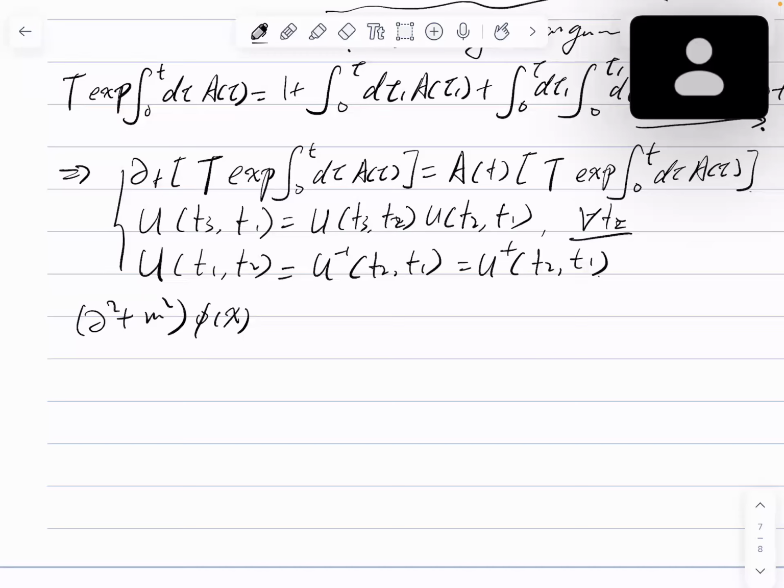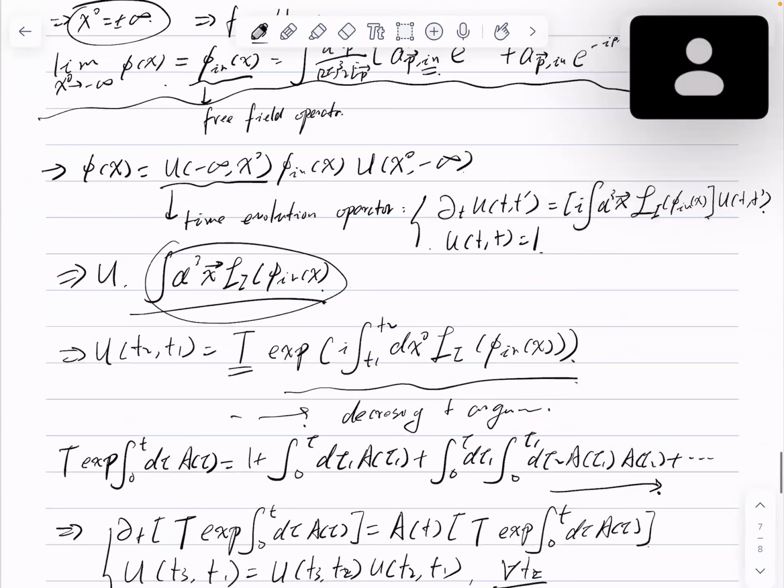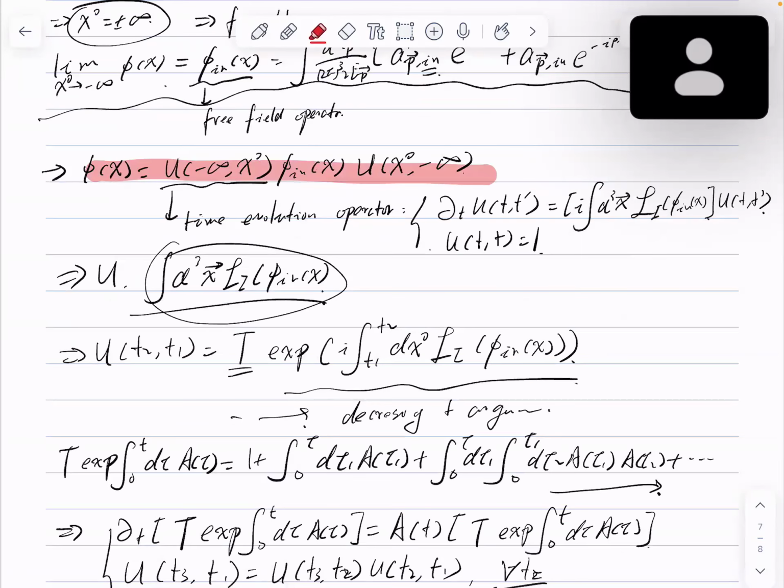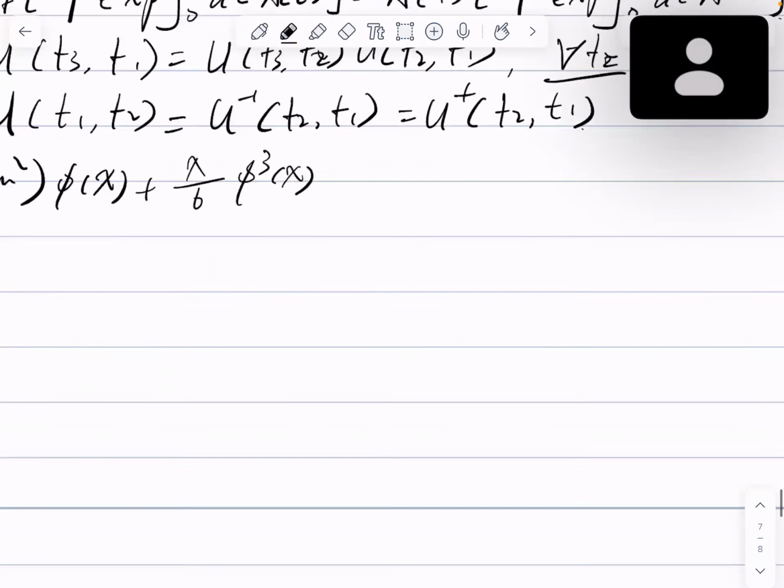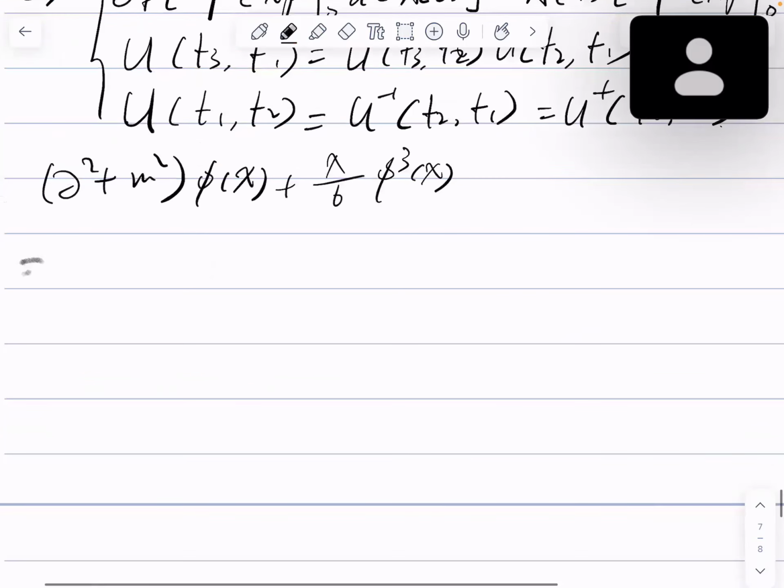Okay, yeah, lambda over 4 over 6 phi 3x. We can just substitute this equation, and we will know.